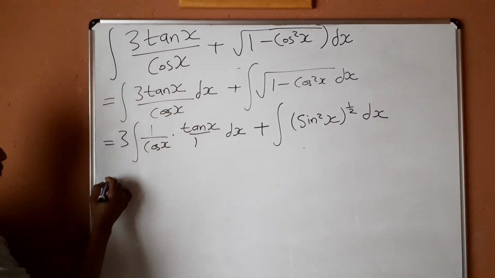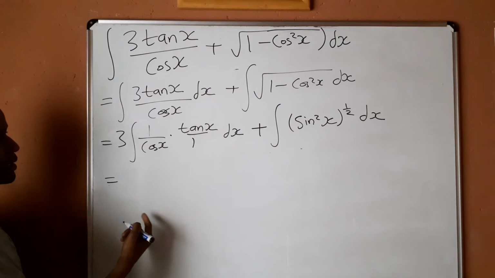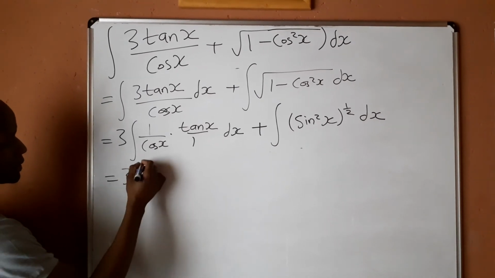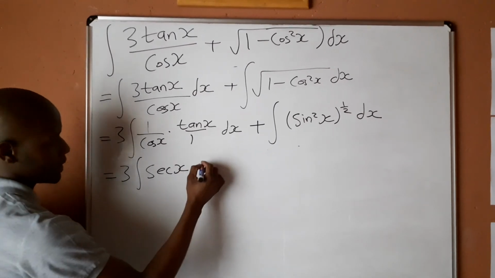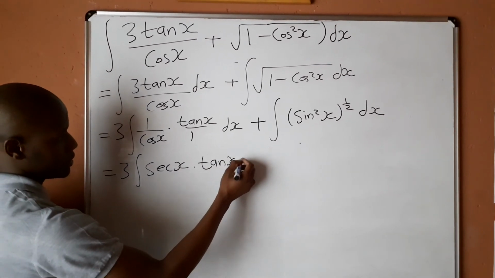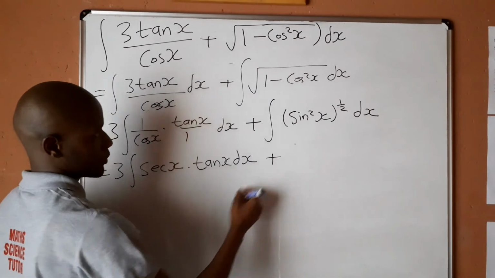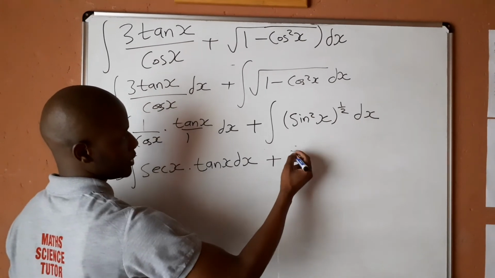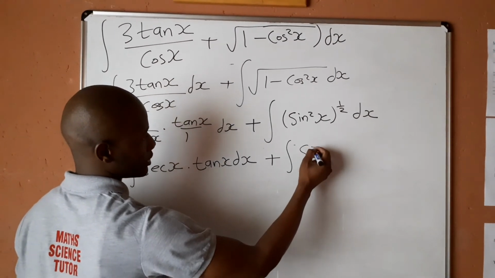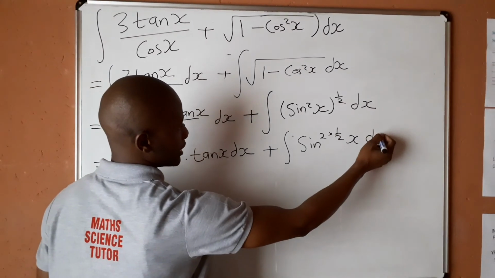So 1 over cos x is the same as sec x. So 3 integral of sec x multiplied by tan x dx plus, we multiply the exponent, it is going to be the integral of sine to the power 2 multiplied by 1 over 2, x dx.